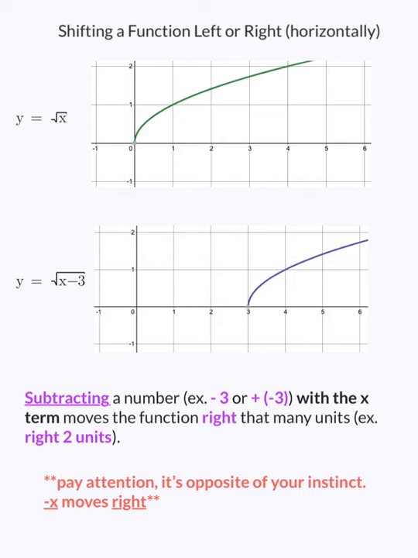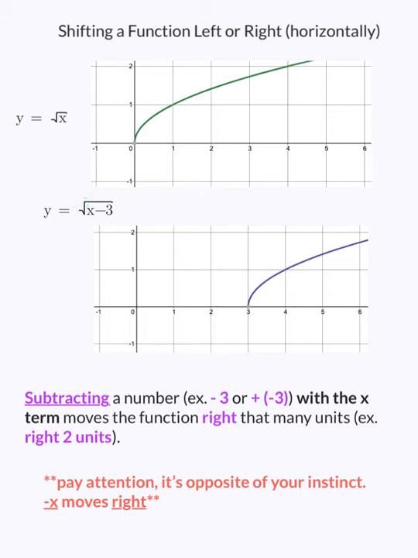Now, the next part is shifting left or right, and it's a little tricky because it's the opposite of your instinct. The other important part is that it has to be included with whatever your x term is. Notice here, when we included a negative 3, it stayed with the x part, so our square root sign was extended.